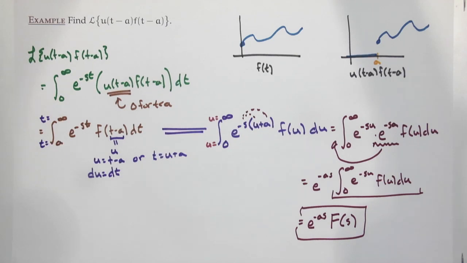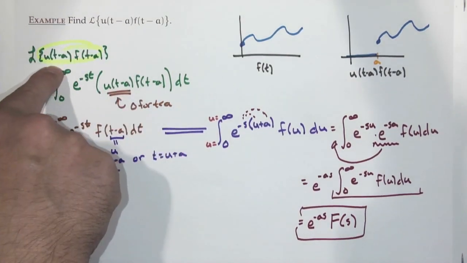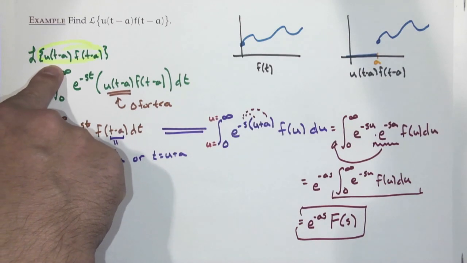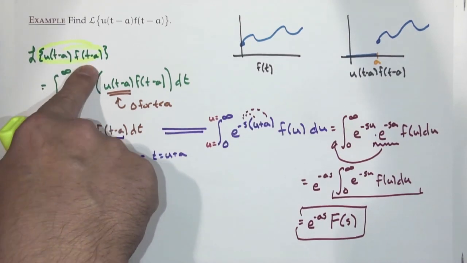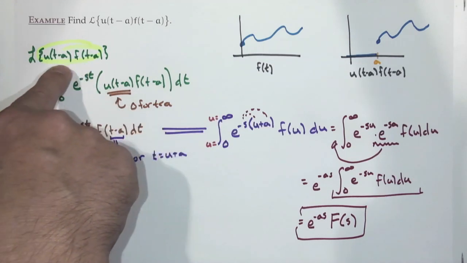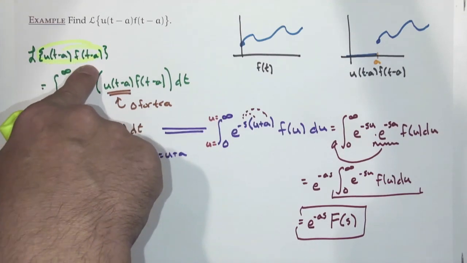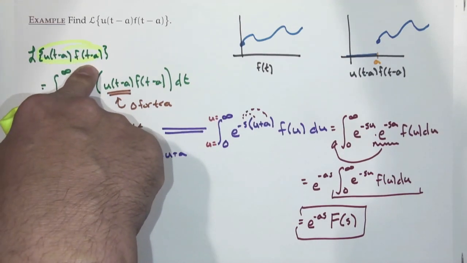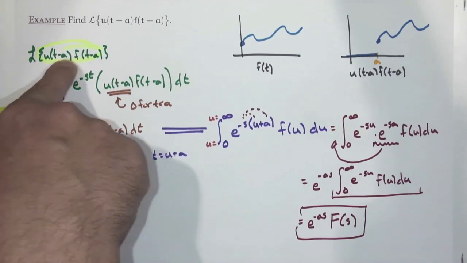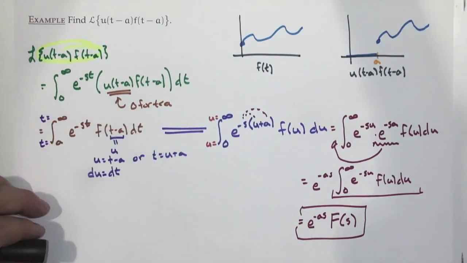The key is when we're doing it in the forward direction, in other words, we want to take the Laplace transform of something, if we ever see a u attached to our expression, u of t minus something, we say, okay, we need to make sure we rewrite our function as f of t minus something. So if I see a u of t minus 2, I have to rewrite my function in terms of t minus 2. If I see a t minus 3, it has to be written in terms of t minus 3. And then it'll be pretty straightforward.